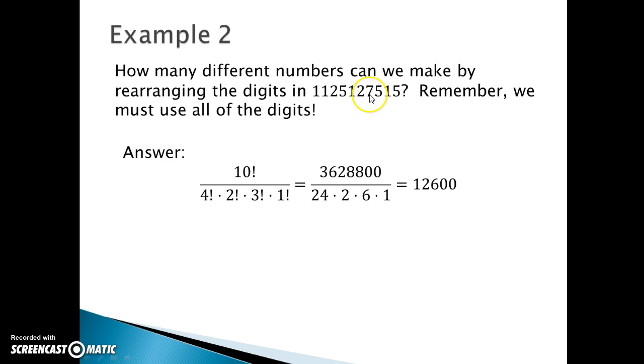And then 1 factorial comes from the fact that we have 1 seven. Then we can simplify this down, evaluate the factorials and multiply and divide, which tells us that we have 12,600 different numbers that can be formed by rearranging these digits.